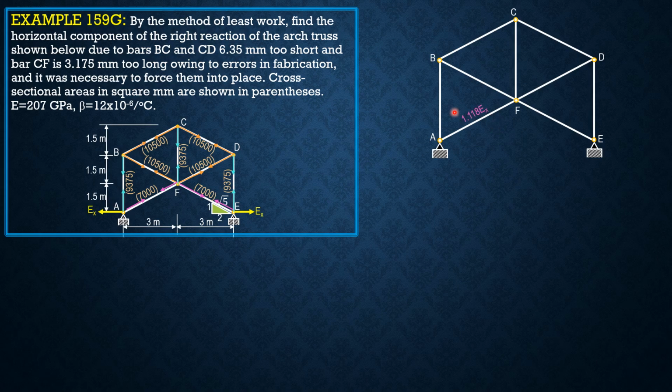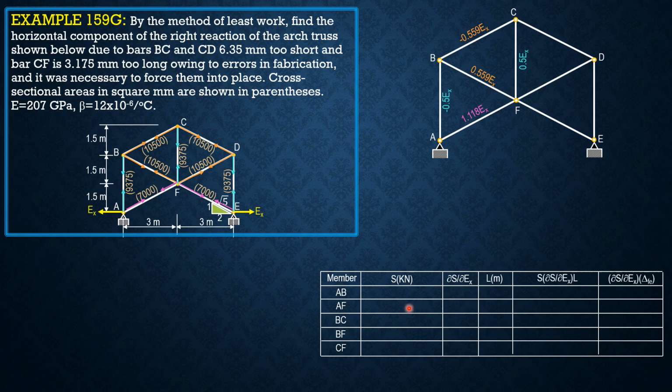So 1.118 EX, negative 0.5 EX for AB, negative 0.559 EX for BC, for BF, positive 0.559. Since they are equal, then we can solve CF, positive 0.5 EX. Take note that CF is the only member here, so its value should be equal to this, then plus for S, partial of S with respect to EX times length over AE, then one value here, one value there should be divided by 2.